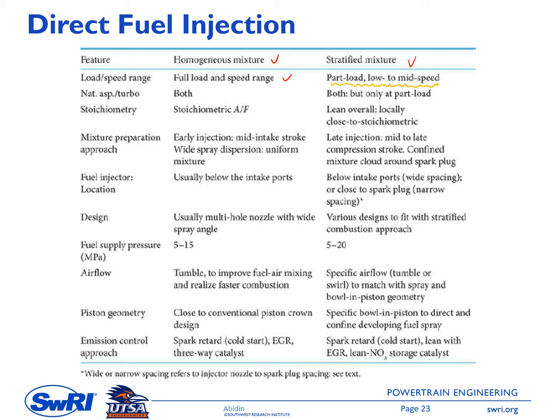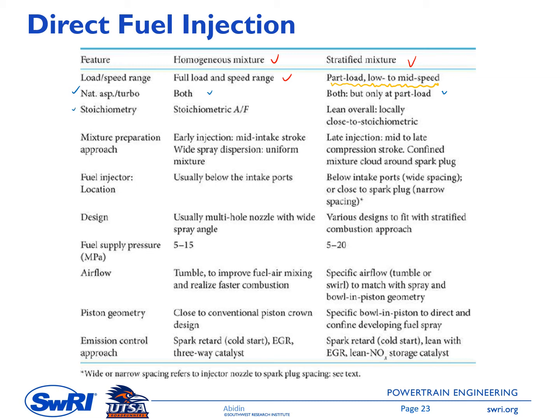The second feature here is naturally aspirated or turbocharged. So we can apply both NA and turbocharger here for homogeneous mixture, as well as stratified mixture. Here we can operate both NA and turbocharger as well.